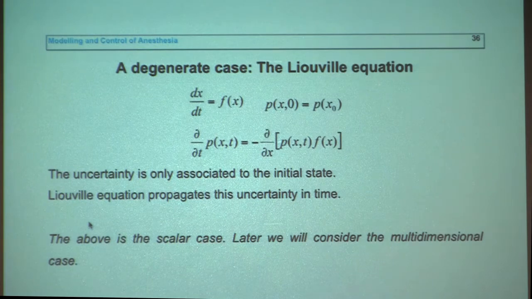Now, one particular case is the case where you don't have noise. The only source of uncertainty is the fact that your initial conditions are only known in the form of a probability density function. So your system is deterministic, but the initial condition is a random variable. Okay? What happens to the state? There is a probability that the state at time t becomes a random variable.